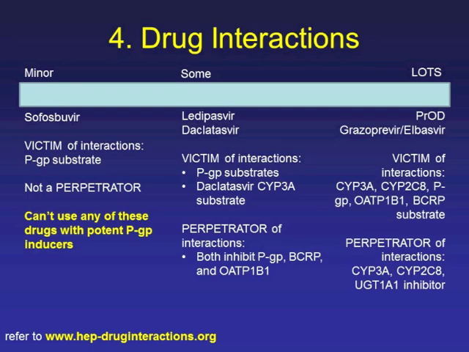So OATP1B1 is an uptake transporter in the liver, and whenever you hear about OATP1B1, you should think statins. And so there are statin interactions with the hep C therapies. And then grazoprevir, elbasvir, and PrOD have lots of interactions, both victims and perpetrators in a number of interactions. Use the website to look those up.